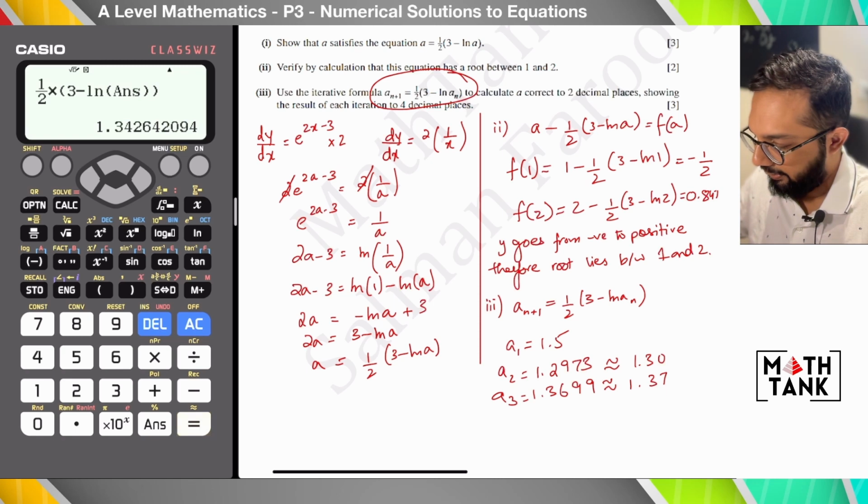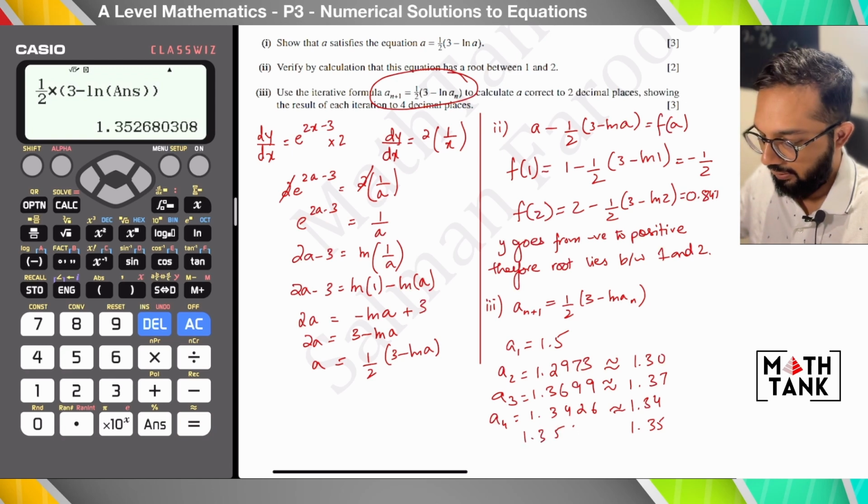Another equals to 1.3426. That gives me 1.34, 1.35, and 1.3527.